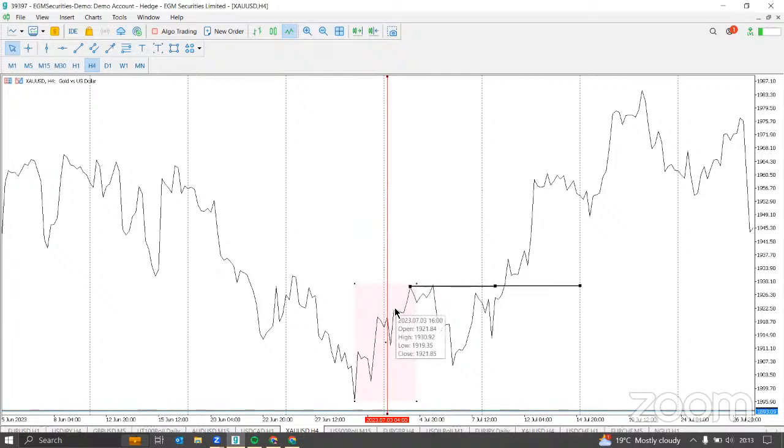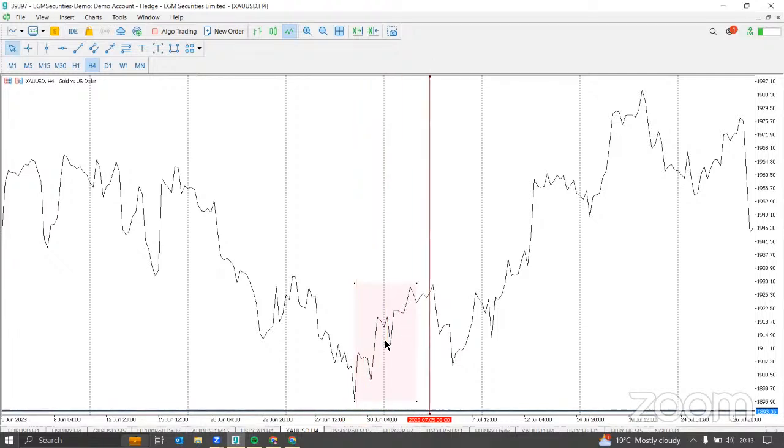Even before we get to this, we had this as our final swing low, from here to here. Why? Because this low here was finally broken from this point. So this was our impulse move downwards.